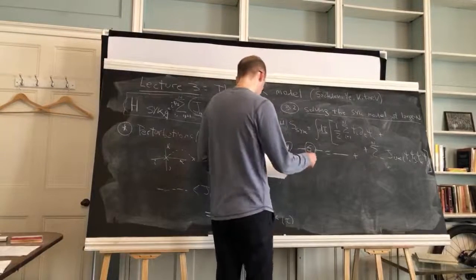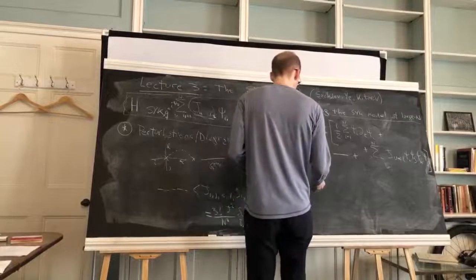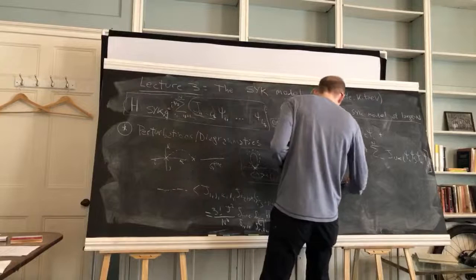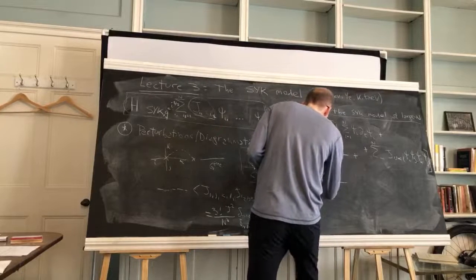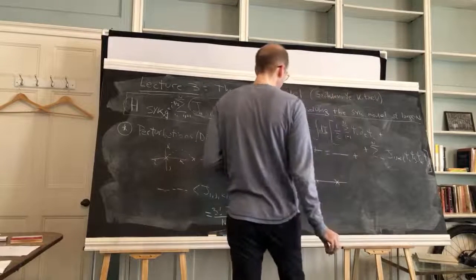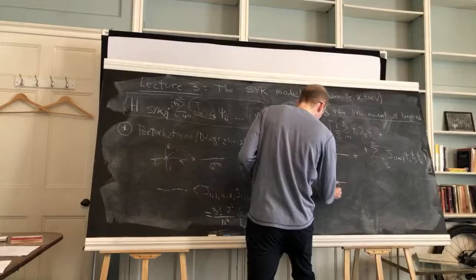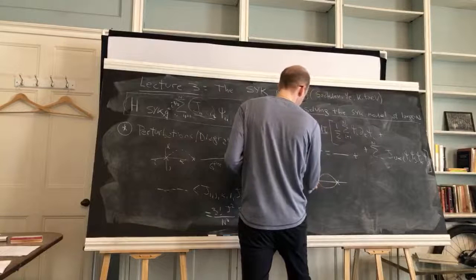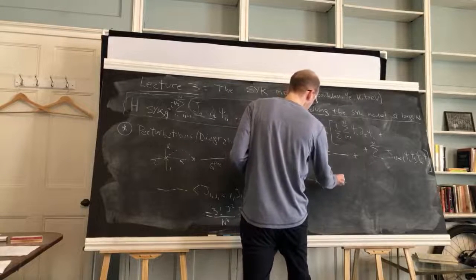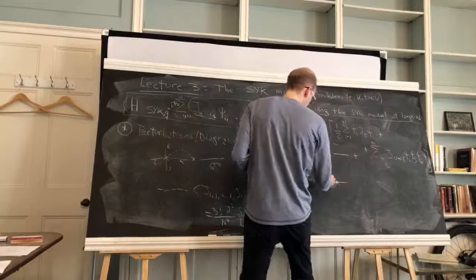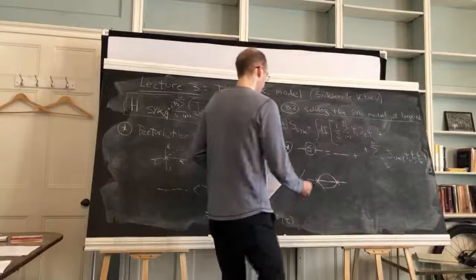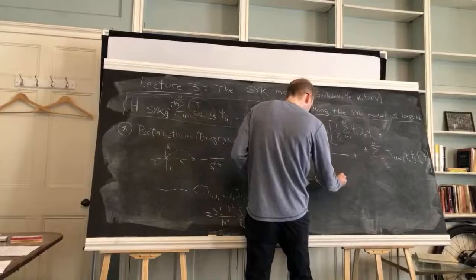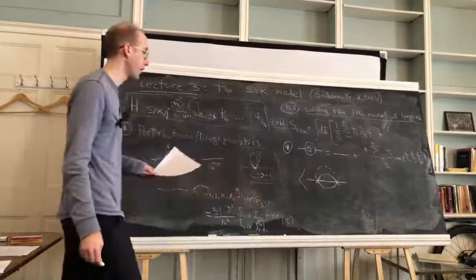Okay, so let's look at the first non-trivial diagram. We'll have 2 vertices. They will be connected like this. So each vertex has 1, 2, 3, 4, 1, 2, 3, 4. We are fine. And then there will be this J disorder over here.